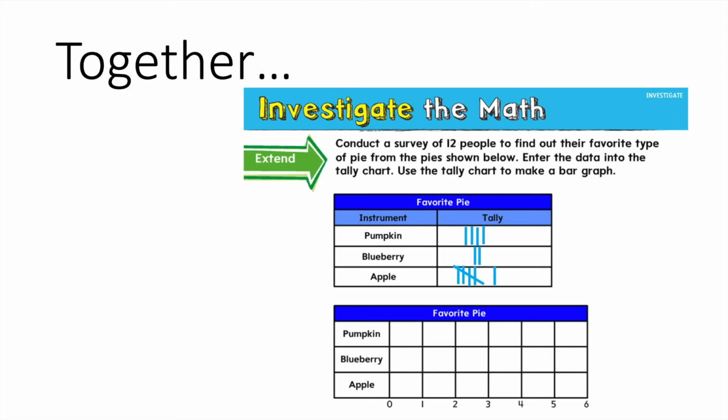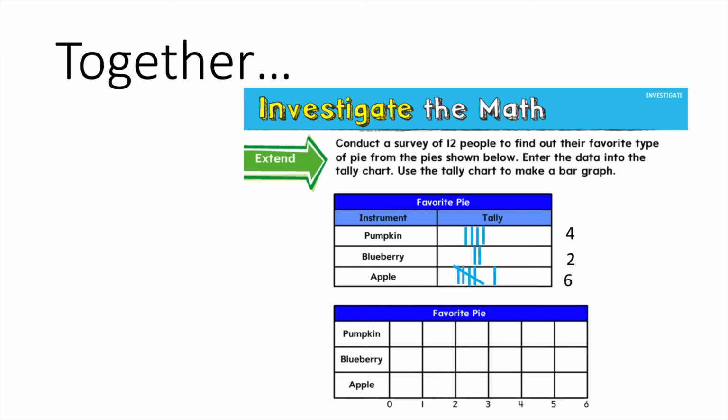So we have favorite pie: pumpkin, blueberry, apple. So let's see, how many tallies did pumpkin receive? Excellent. 4. How many people voted for blueberry as their favorite pie? 2. And how many people voted for apple as their favorite pie? Very good. 6.